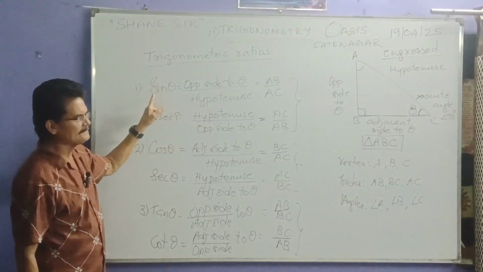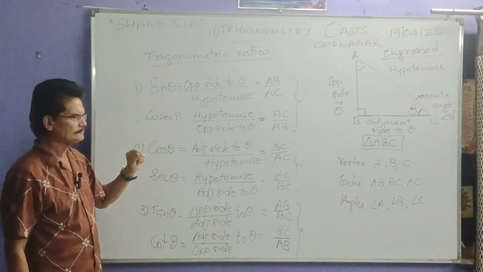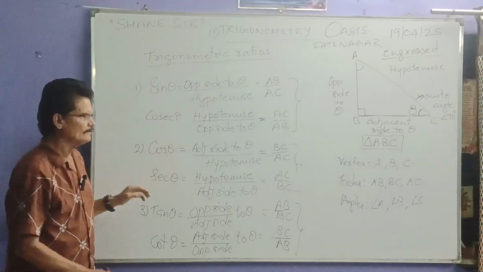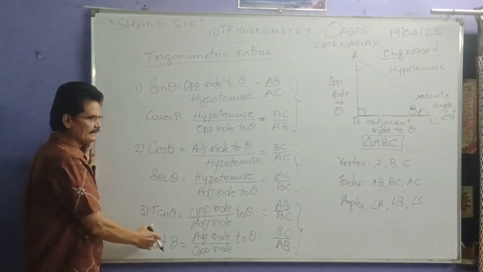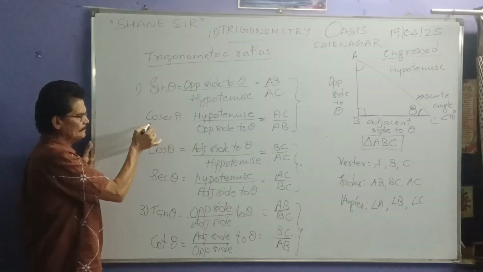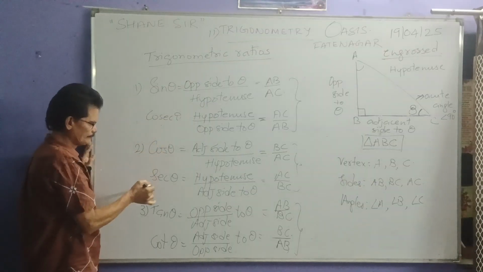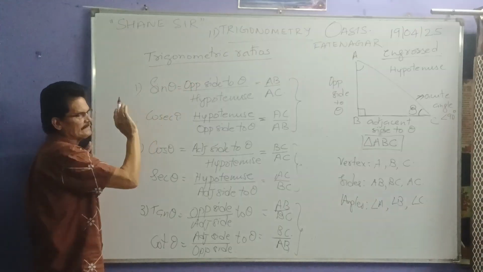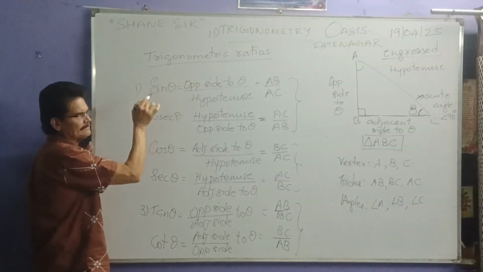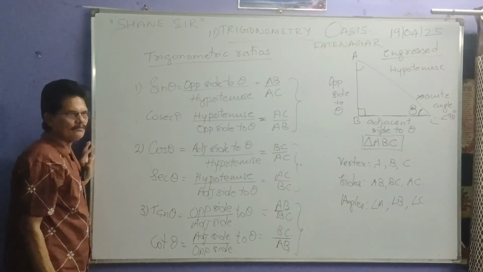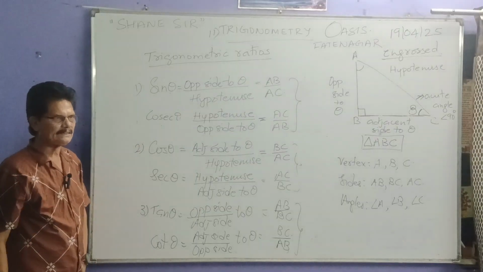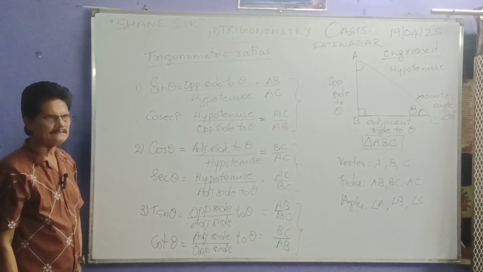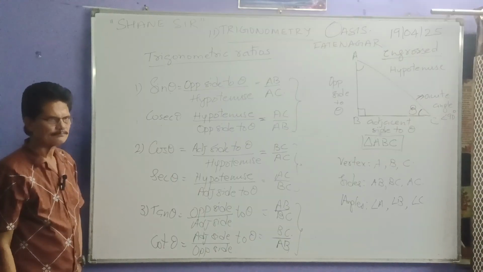So here we are getting sine theta, cosec theta, cos theta. Sine, cosec, cos, tan are trigonometric ratios. They are defined on theta, and theta is the acute angle.